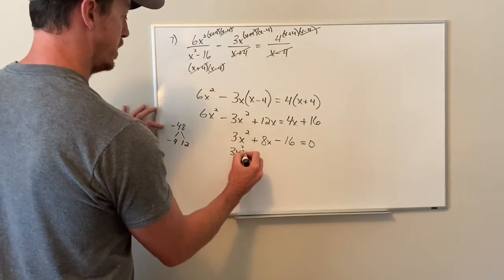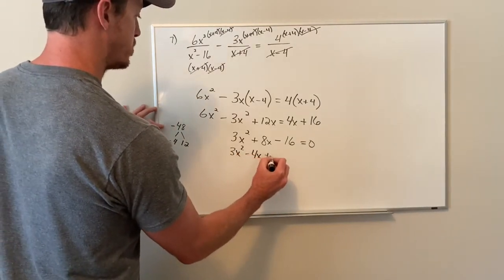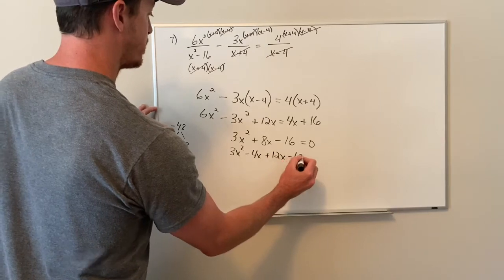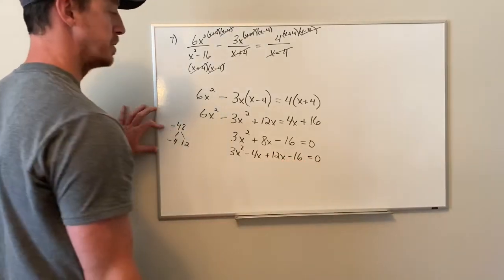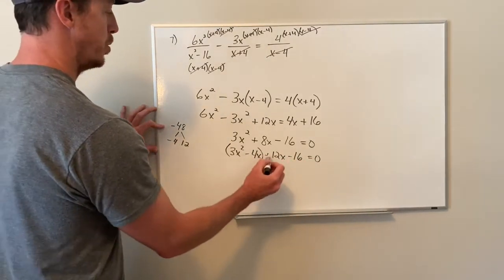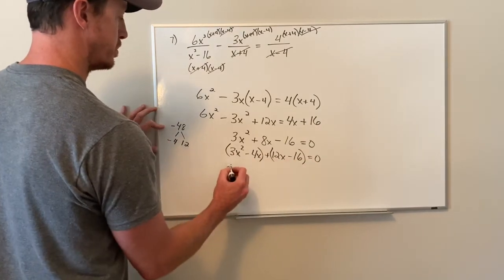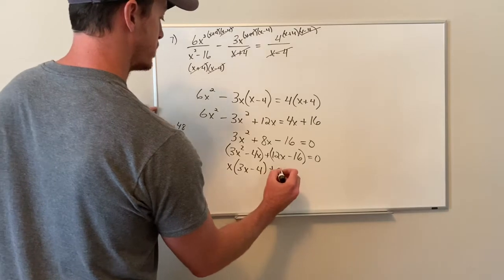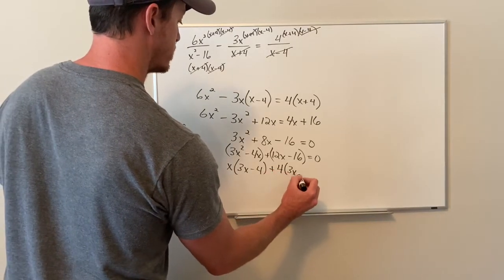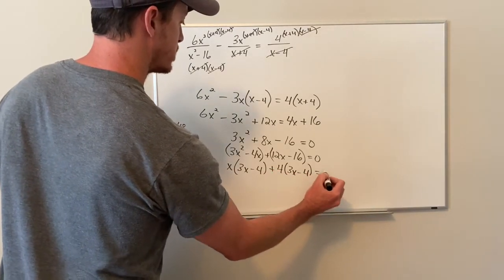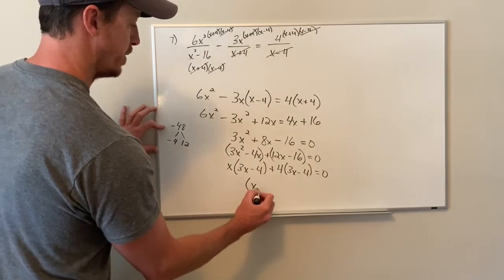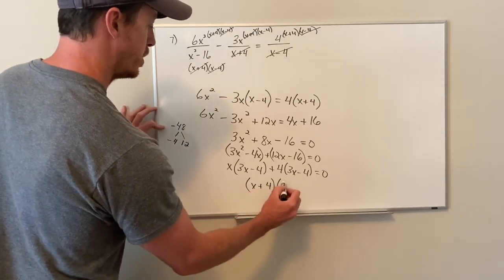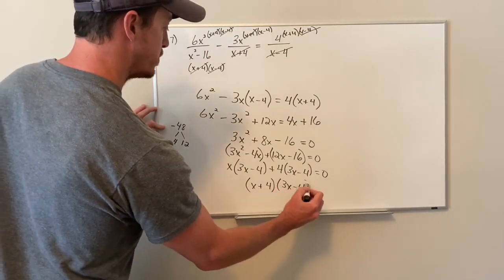So this is 3x squared minus 4x plus 12x minus 16 equals 0. So we group it. So this factors to be x plus 4, 3x minus 4.